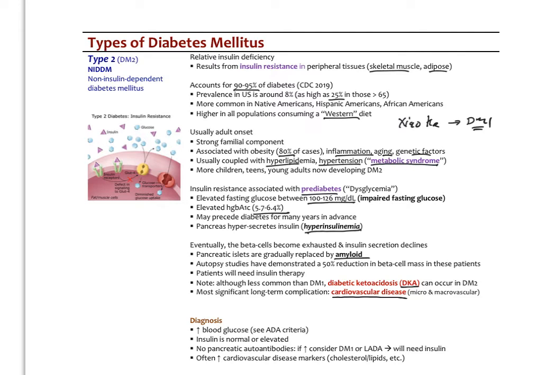And that's going to be at the microvascular level, that would be the arterioles and capillary level, or the macrovascular level at the arteries themselves. So we'll see that there's an increased risk of coronary artery disease, stroke.